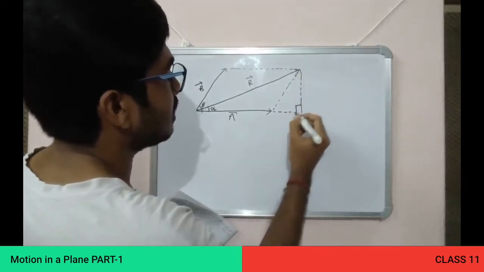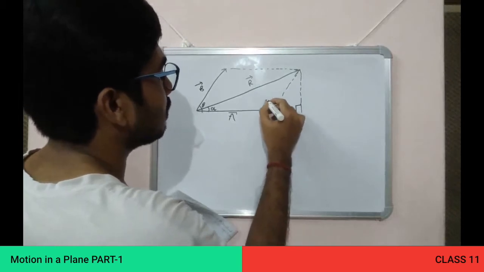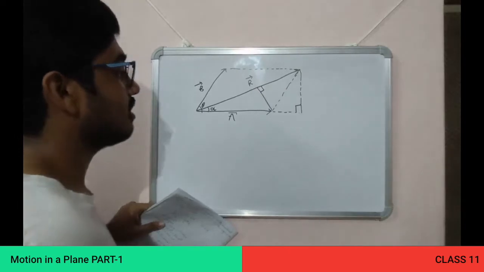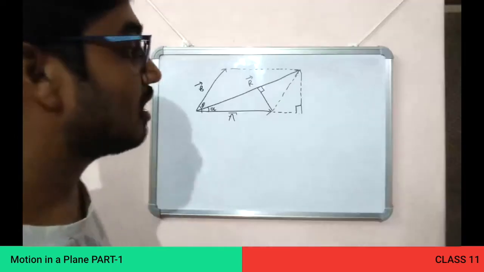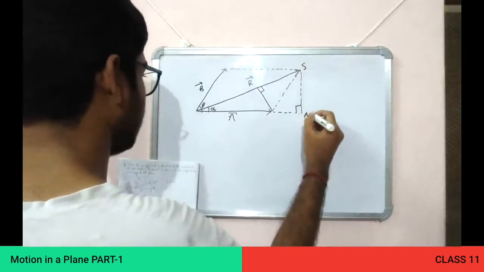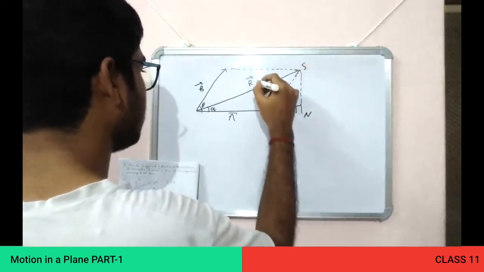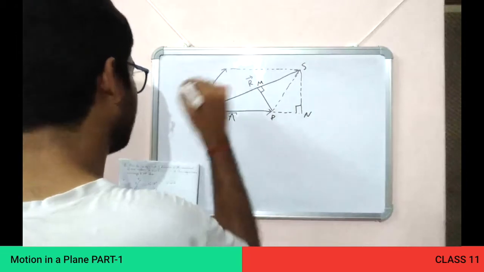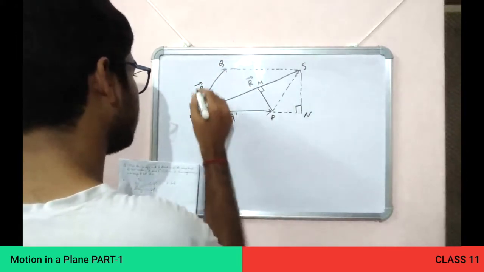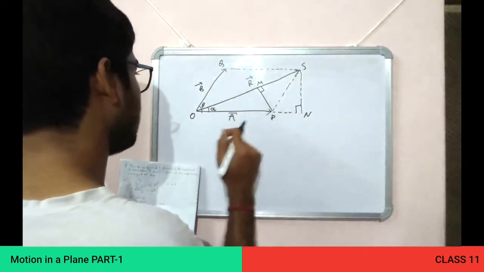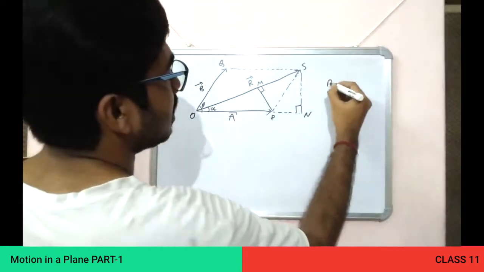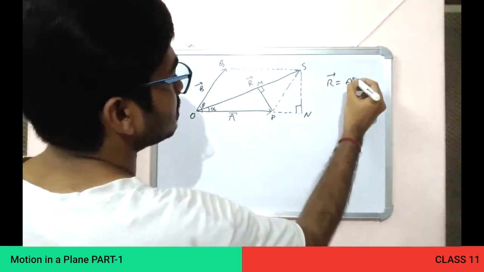This is a 90-degree angle and we draw a perpendicular over here. It is also perpendicular. After naming, we will get this is S, this is N, this is P, this is M, this is Q, this is O, and this is our A vector, this is B vector, and this is R vector. Okay, let's start. So at first, R is equal to A plus B.